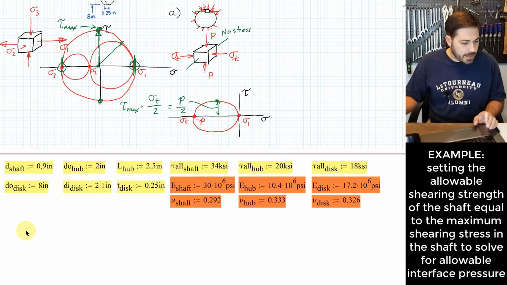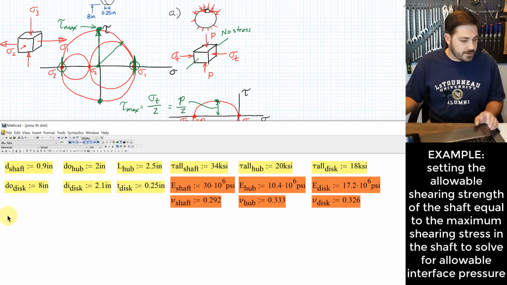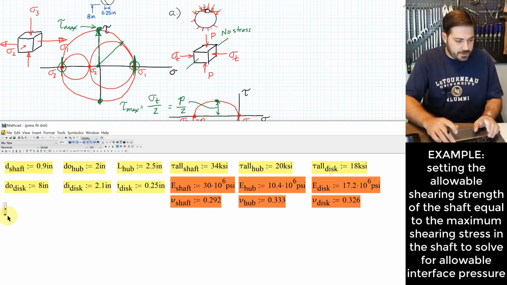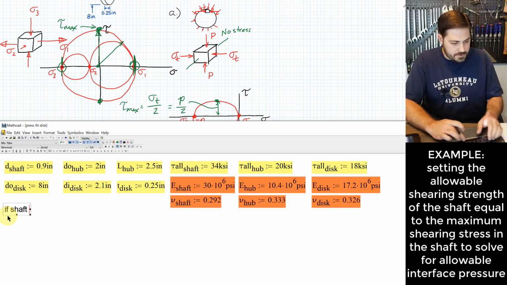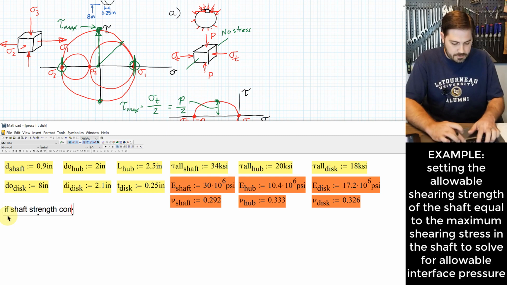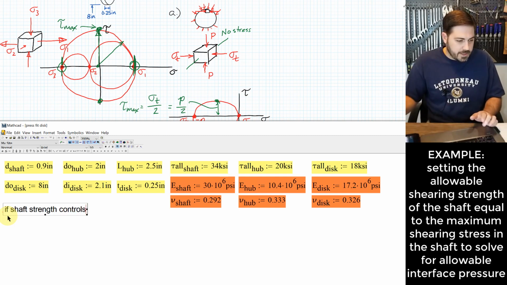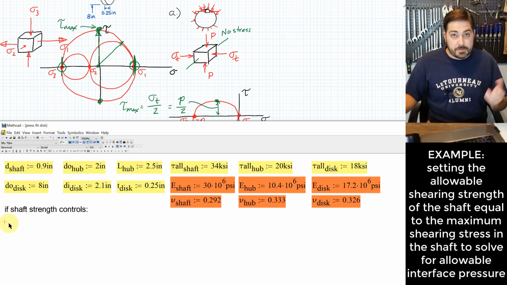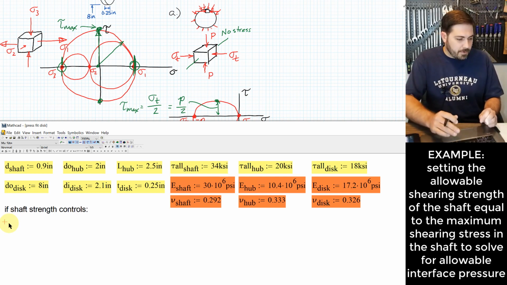Okay, so for this first line, I'll put a label on here. We'll say if the shaft strength controls. I know that's a bit of a brief description, but sometimes that's all it takes for us to remember what we're doing with it.